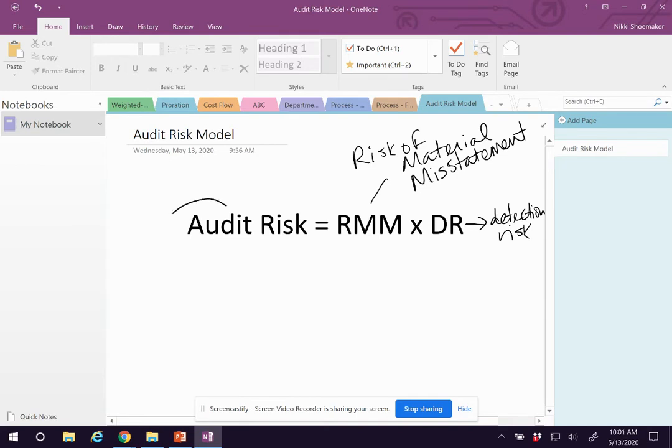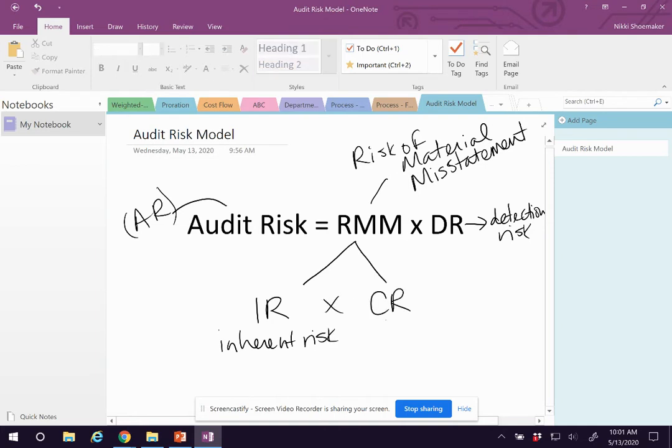Then remember that audit risk, which we could also call AR, is that risk that we said the financial statements were good and they weren't, okay? So we can break down risk of material misstatement into two parts. One is IR, or inherent risk. The other is CR, which is control risk.